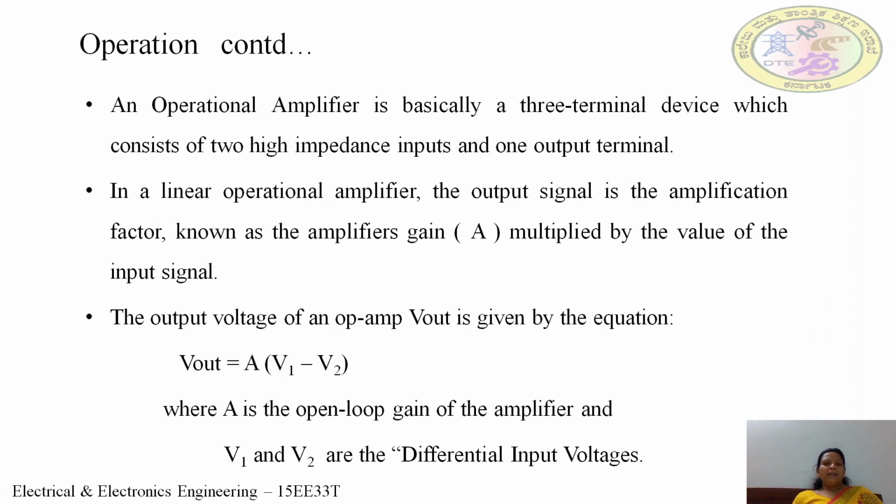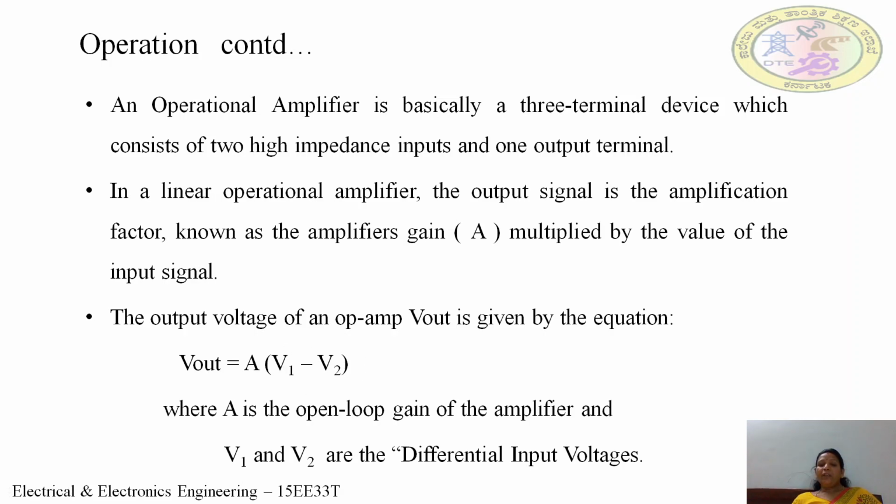In a linear operational amplifier, because we have already discussed that operational amplifiers are linear devices, the output is the input multiplied by the amplifier gain. As we have already discussed, the operational amplifier amplifies the difference of the input voltages applied at the inverting and non-inverting terminals.